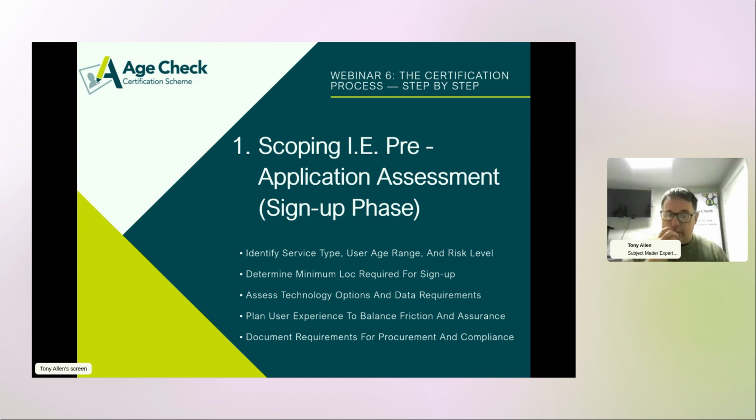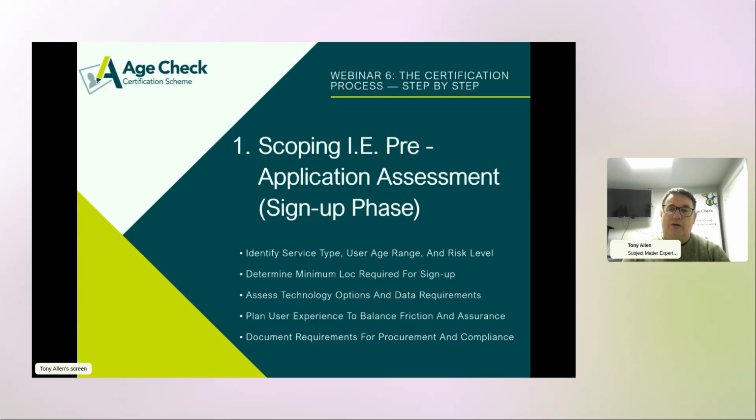You could be a relying party, the organization that uses the age assurance check. Or you could be an intermediary, someone who sits between those two, or between the age assurance provider and the user, or between them and, for instance, a bank or a credit reference agency. There's a whole host of intermediaries.